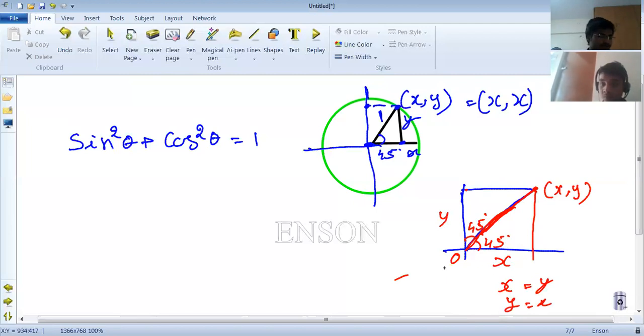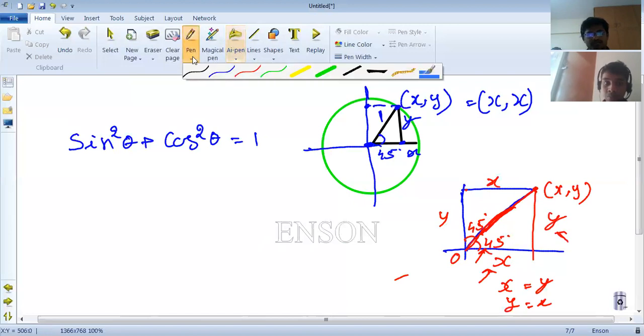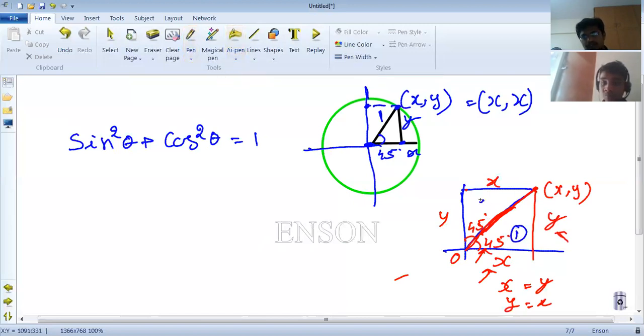Otherwise, if you want, I can prove it in another way also. From this triangle, you can say this is x and this is x, this is y and this is y, correct? Now, side angle side from the first triangle. This is the first triangle and this one is the second triangle. One angle, one side is congruent with side angle side, correct or wrong?